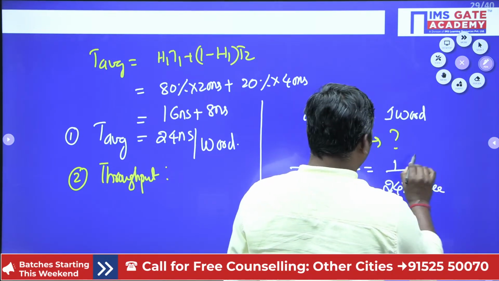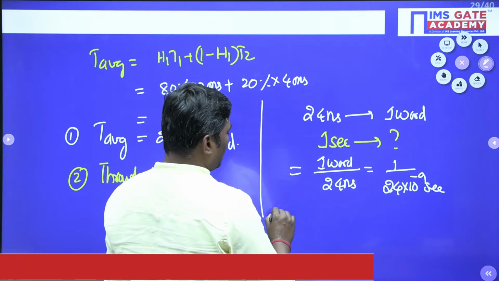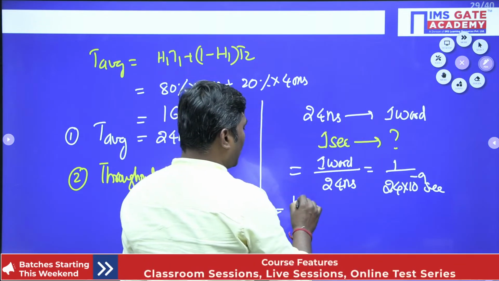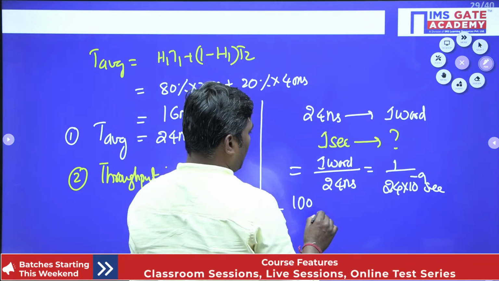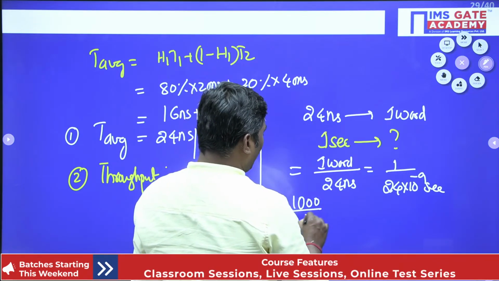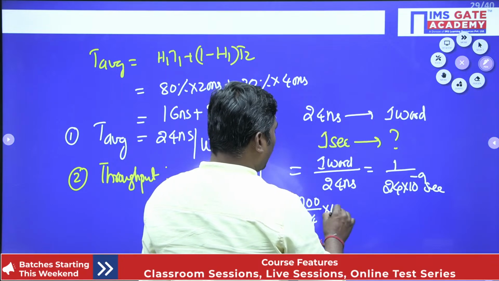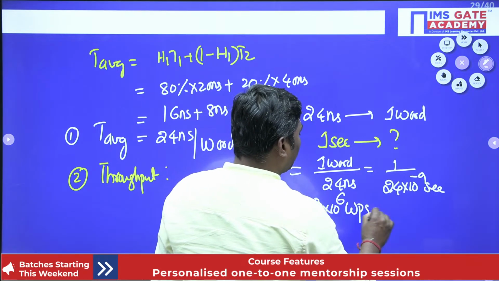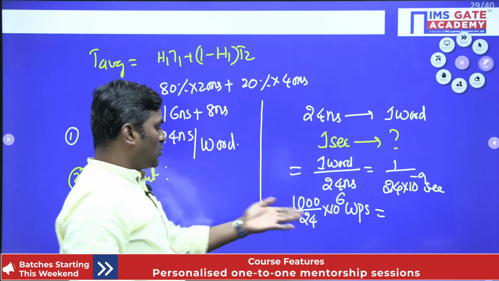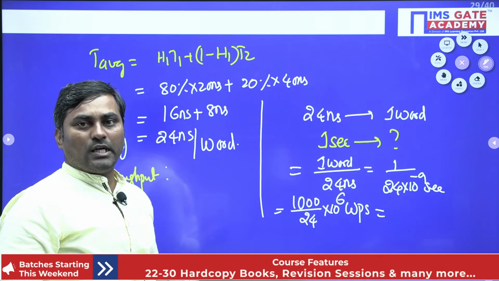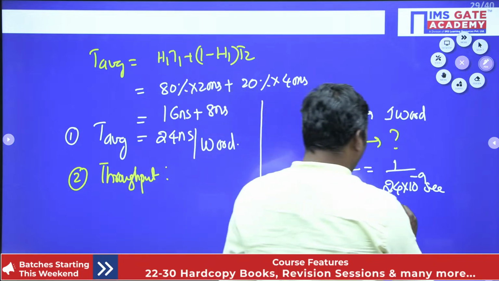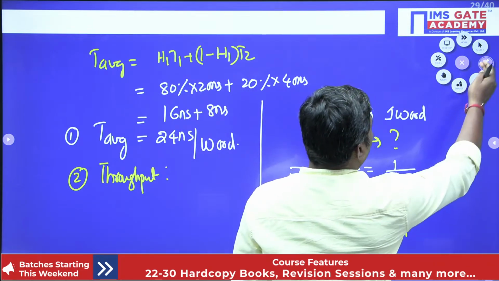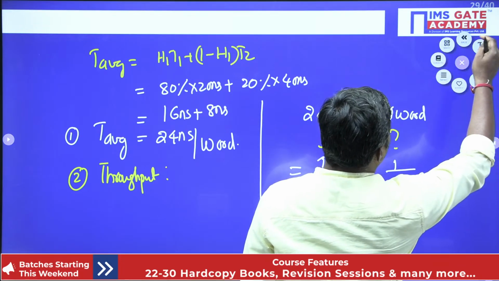Seconds cancel, words remain. Simplifying, 10 to the power of minus 9 goes up, so I can write 1000 by 24 into 10 to the power of 6 words per second. So 1000 by 24, which you can calculate.